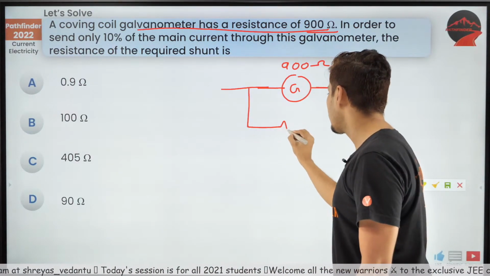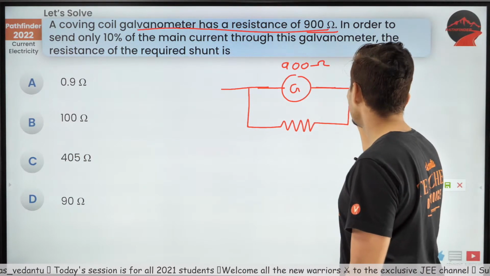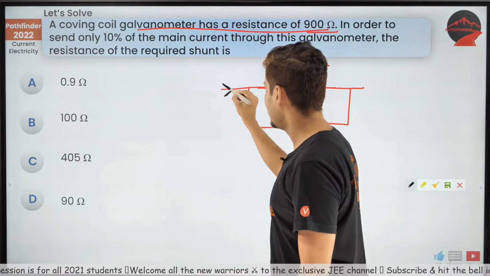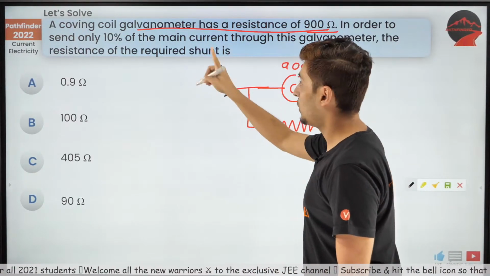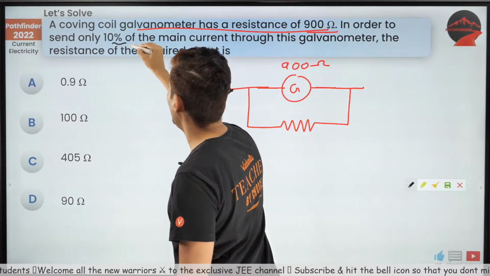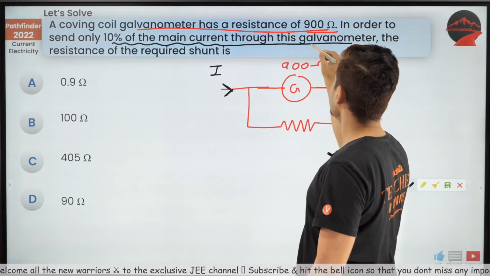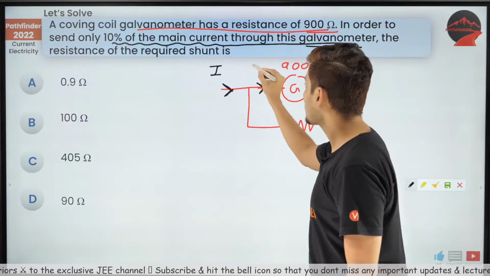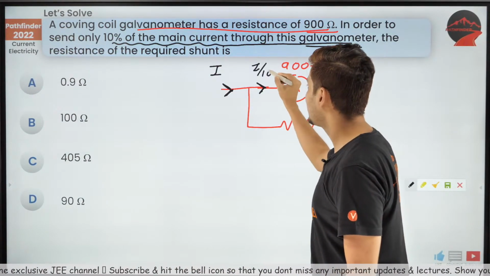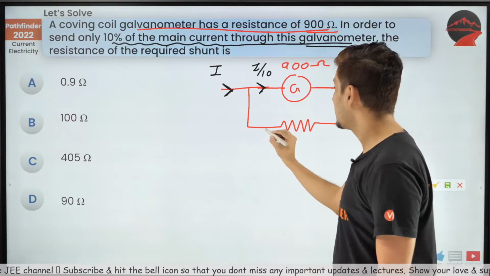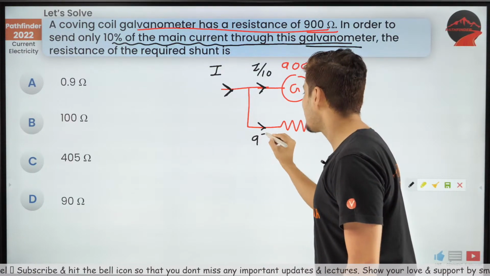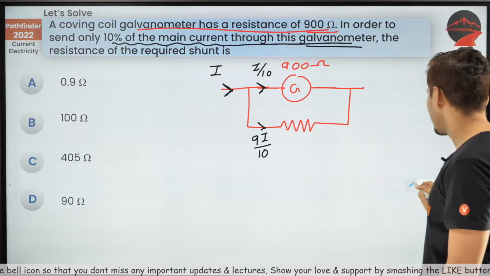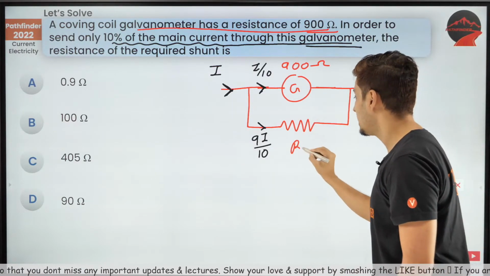So I connect a resistance in parallel like this. If the main current is I and only 10% of that current is going through the galvanometer, that means I by 10 current is going, and the remaining current, which is 9I by 10, is going through the shunt resistance.